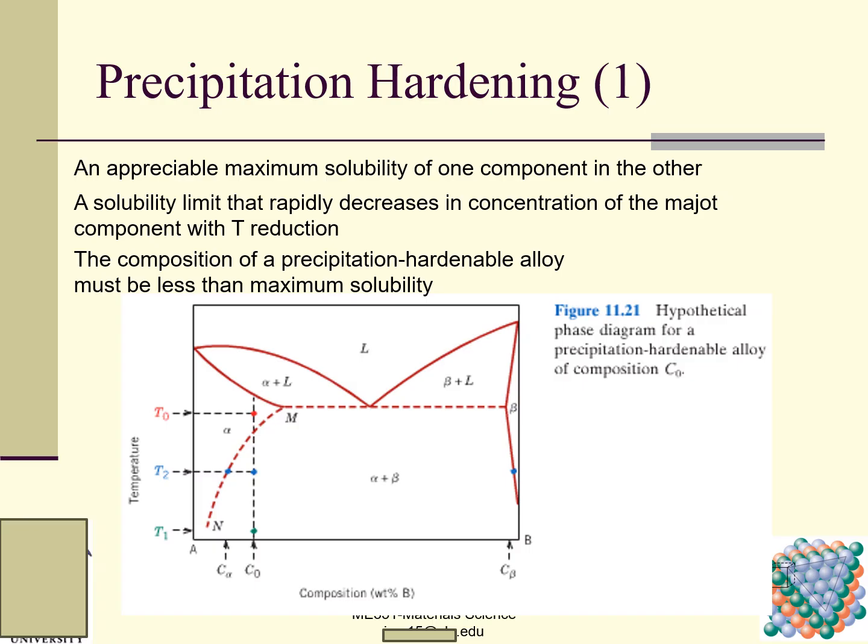So the composition of a precipitation hardenable alloy must be less than the maximum solubility. This is a hypothetical phase diagram for a precipitation hardenable alloy of composition C0. Here is liquid, alpha plus liquid, beta plus liquid; this is alpha, alpha plus beta, and beta.